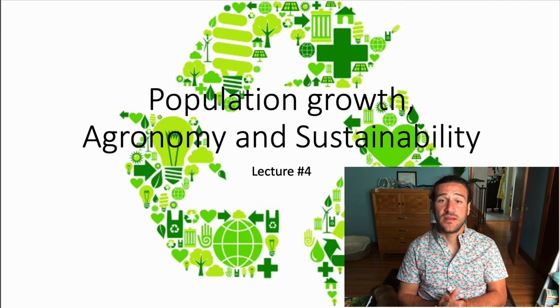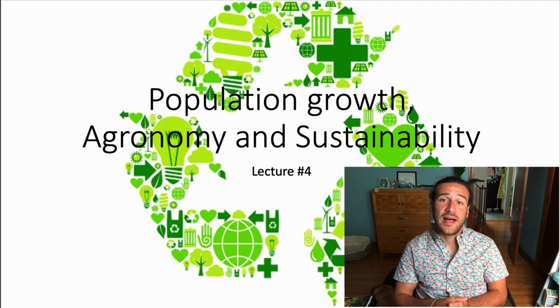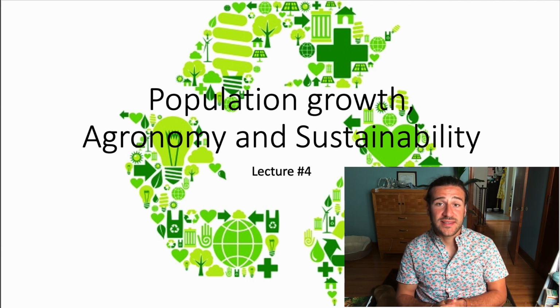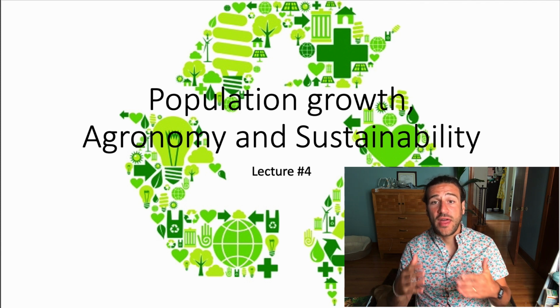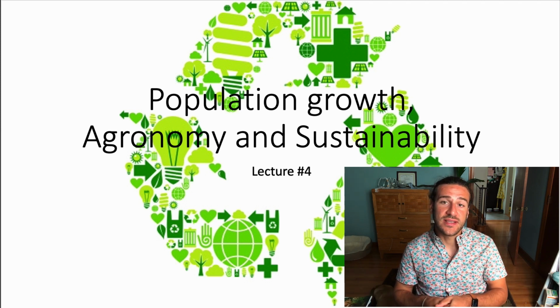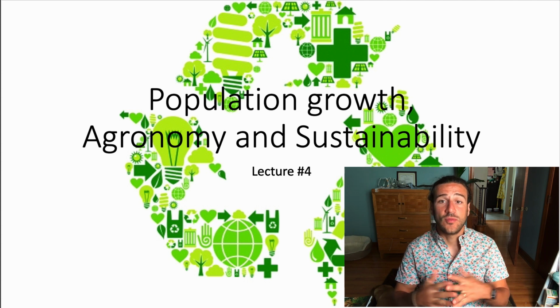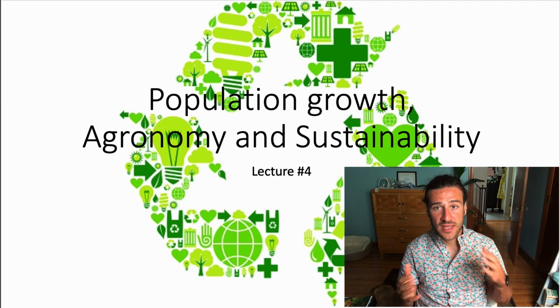And then we have sustainability, and we'll finally end up learning about a lot of sustainable practices and that more modern agronomy. What modern agronomy is focused on a lot is making sustainable products. So we're going to look at how these three things interact in today's lecture.